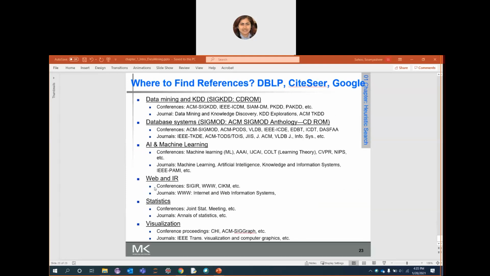In some of the other slides I have also included important resources from CiteSeer and Google. They belong to different fields here: data mining, database systems, AI, statistics, visualization. And these are some of the most famous journals, and you can refer to them.